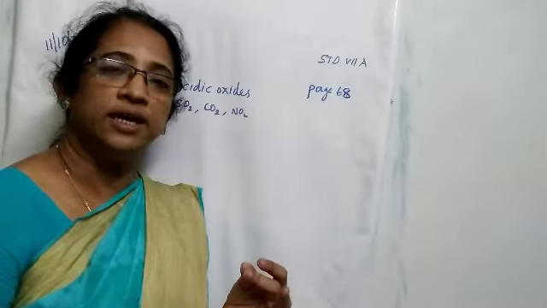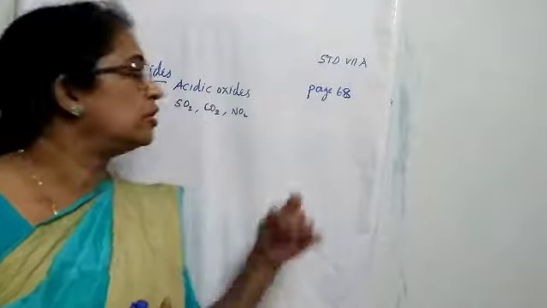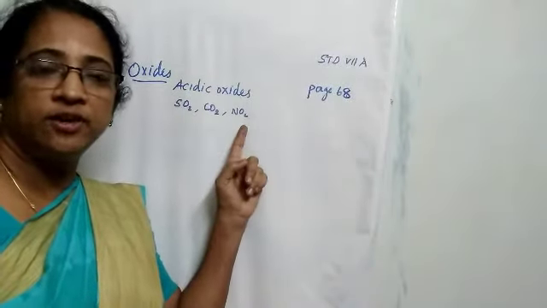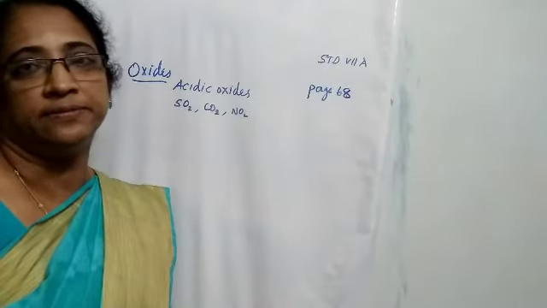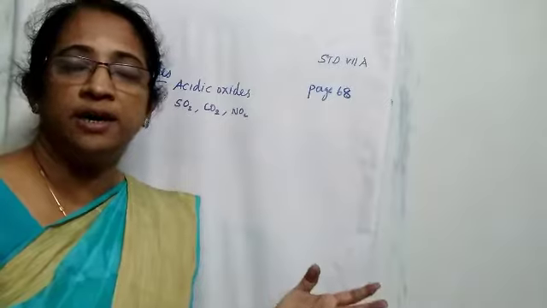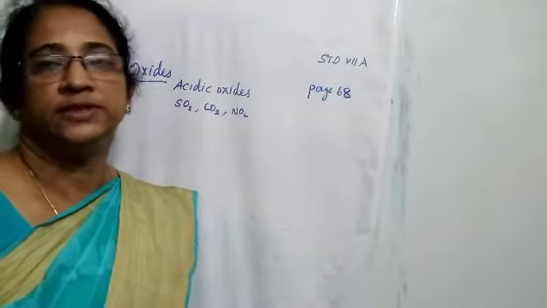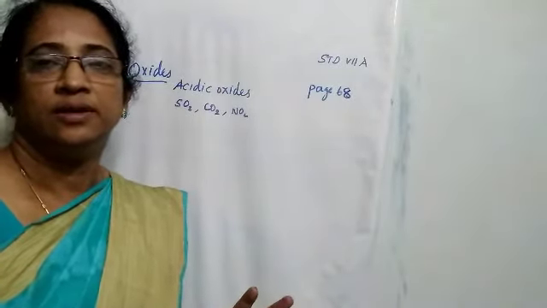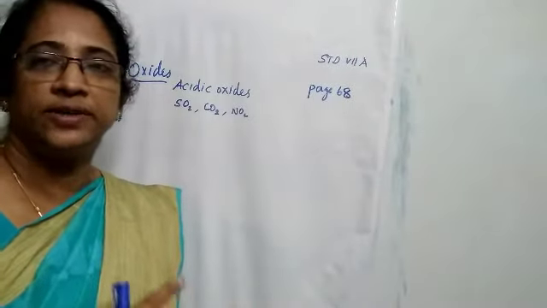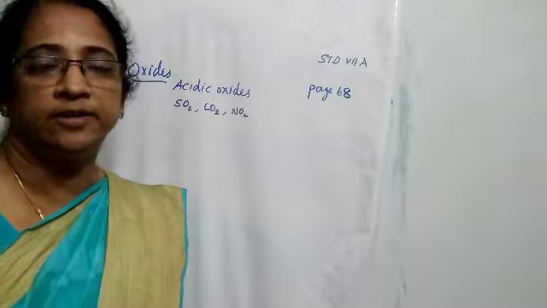Their oxides are acidic in nature. So examples of acidic oxides are carbon dioxide, nitrogen dioxide and sulfur dioxide. Generally we can say that non-metallic oxides form acidic oxides. Give an example of an acidic oxide: sulfur dioxide, otherwise carbon dioxide or nitrogen dioxide.